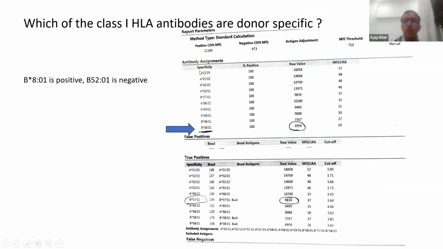So you can see that you have antibodies against A0205. Let me get my pointer again. A0205, which is labeled as 16,000, 0202, which is 14,000, 0203, which is 14,000, 0201, which is 14,000. So these are all probably against the same epitope.